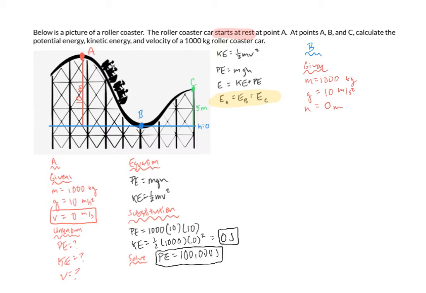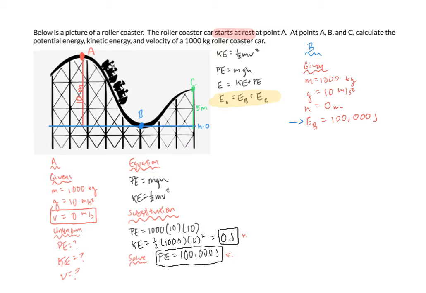And I also know that my energy at B is equal to my energy at A. And my energy at A is 100,000 joules plus 0 joules. So I know that my total energy at point B is 100,000 joules. And I know this because of the principle of conservation of energy.